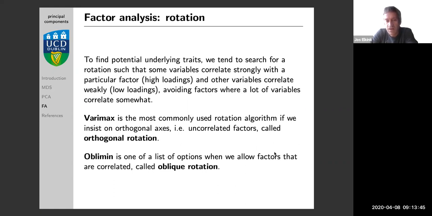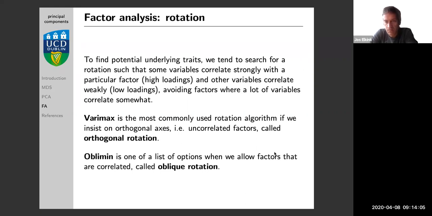So that way we can try to find out what these factors mean. It's always a post hoc interpretation. There's no clear definition of what they mean. And there's no input by the researcher what they mean. But we can look at the factor loadings. So the loadings are the correlation between the variables and the factors to see what they mean.